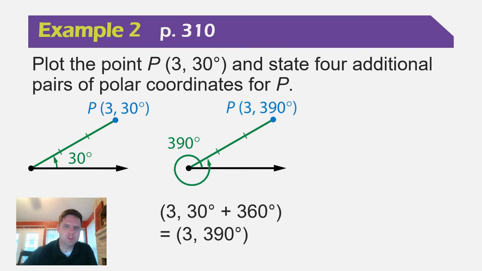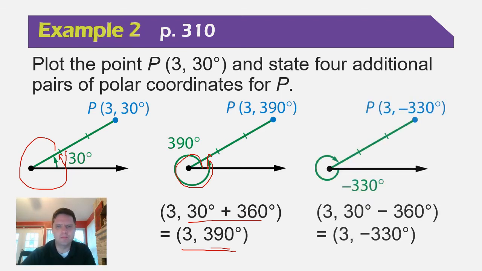Well, the first one could just be, let's go all the way around another 360 degrees. So if we come up 30, we're just going to go all the way around again. So what's 30 plus 360? Well, 30 plus 360 is 390. So we could also represent that point as (3, 390 degrees). What if we went in the opposite direction with measuring theta? We could also measure in the negative direction.